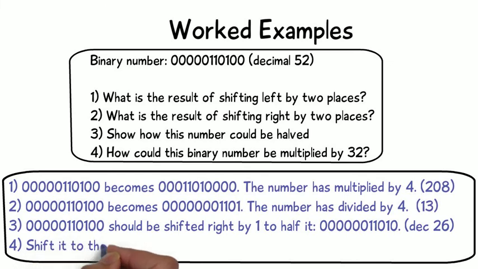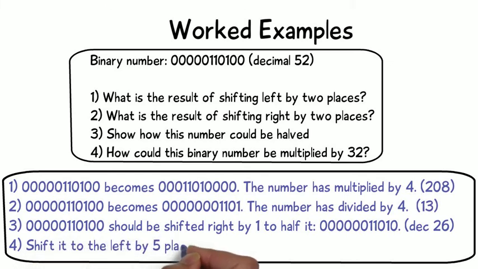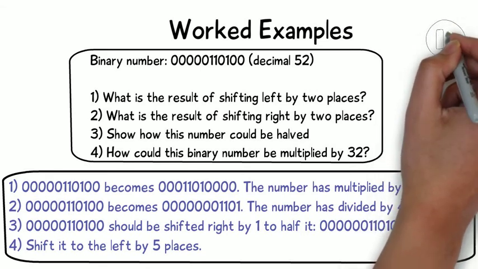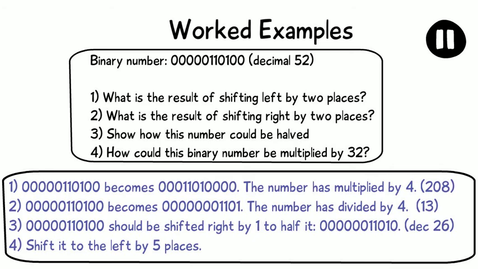And if we want to do something ridiculous like multiply it by 32, then we're going to move it to the left by 5 places. 1, 2, 4, 8, 16, 32. So every time you end up doubling it. The first time you double it, the second time double it again, until you end up with 32.